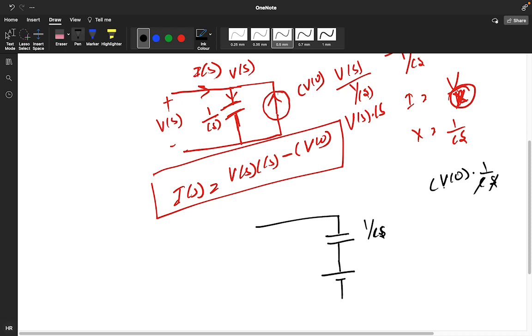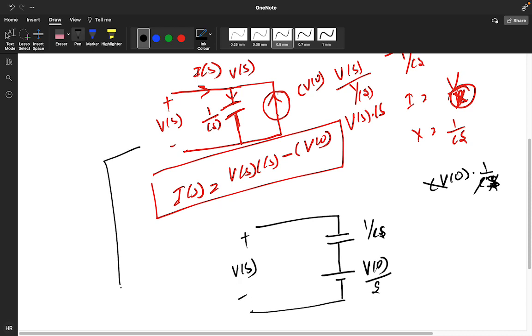So C will get cancelled out and S will be there, so you get V of 0 by S. This will be positive, negative V of S. Both are the same; we did the source transformation.